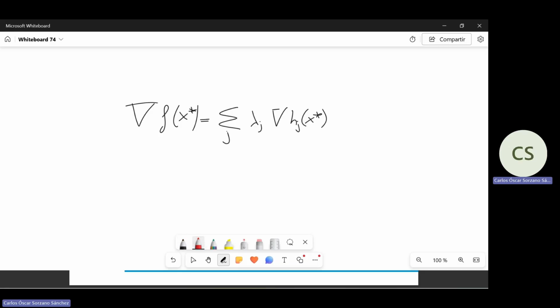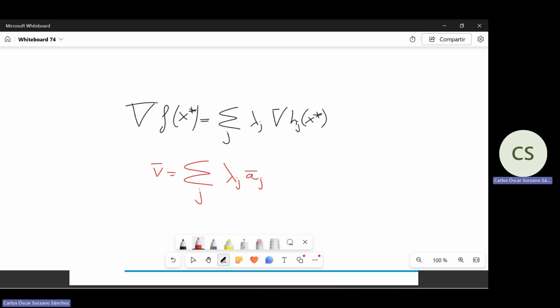So let's look at something else. Let's say that this vector b is the sum over all j of some values times some vectors. Does it remind you of something?